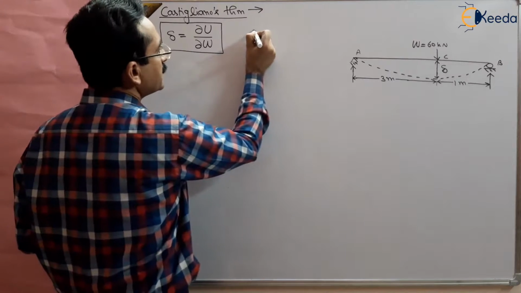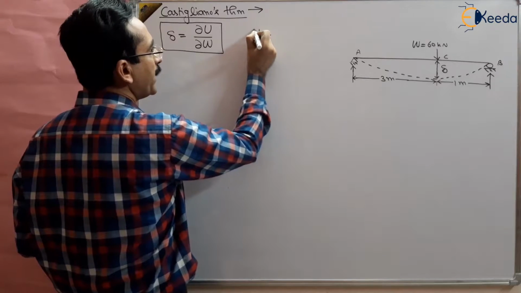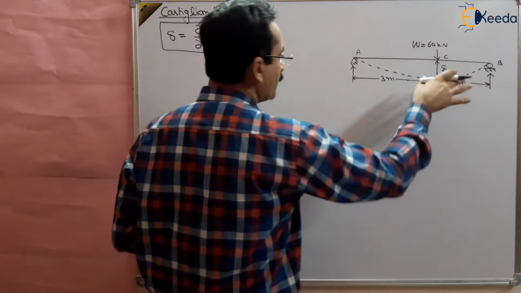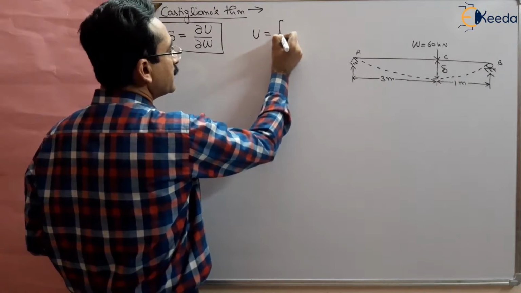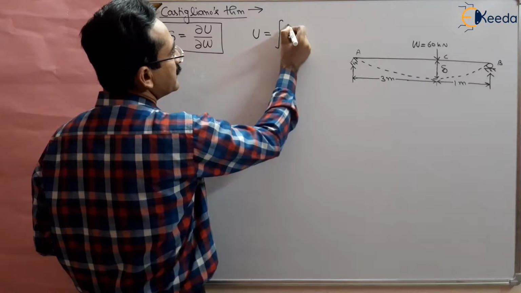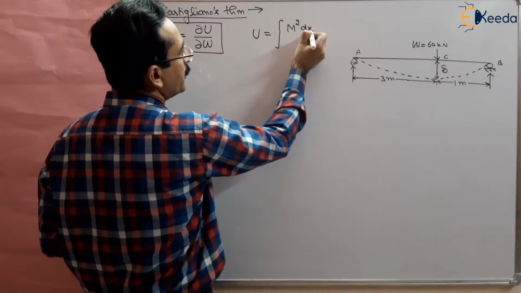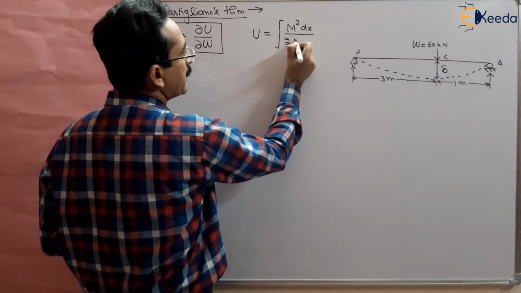And the strain energy in case of bending moment, as we have derived earlier, is given by M squared dx upon 2EI.